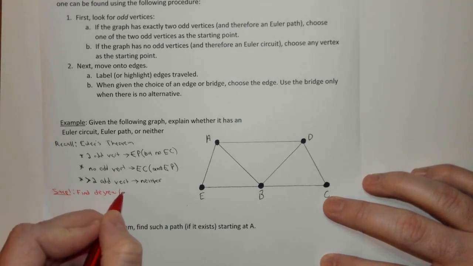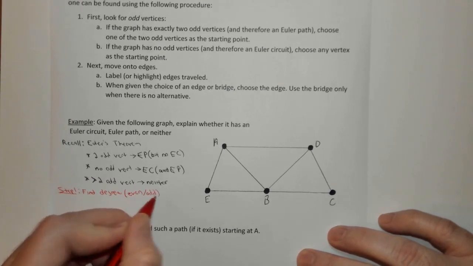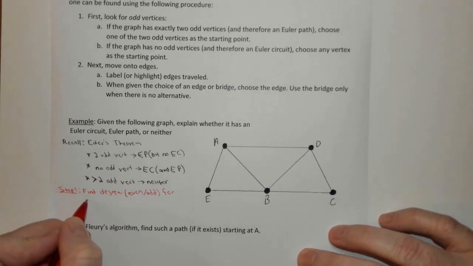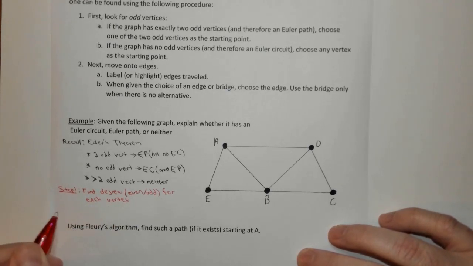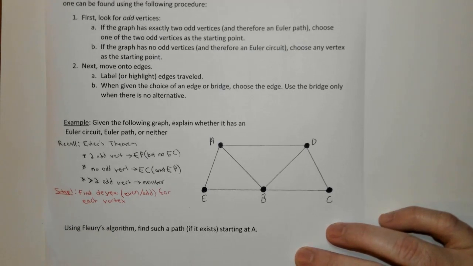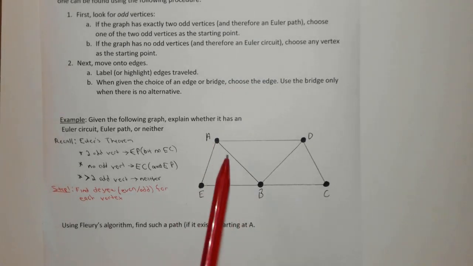So find the degree, really it's even or odd for each vertex. Okay. So let's do that first. I'm going to find the degree of each of these. I like to go in alphabetical order so I don't forget anything. What I'm going to do is write the degree of each vertex in red next to the letter, and then we'll know whether it's even or odd.